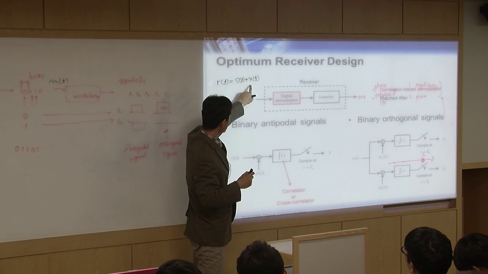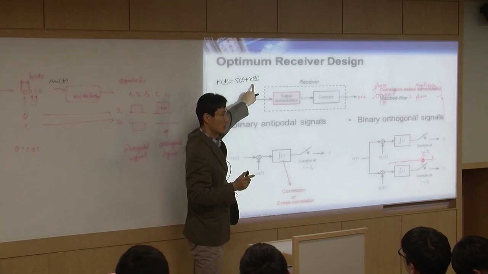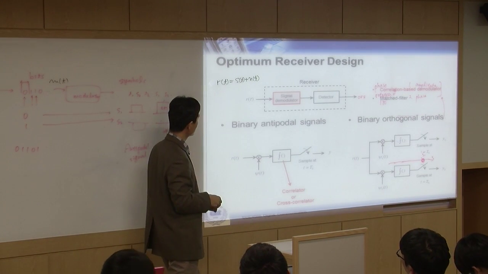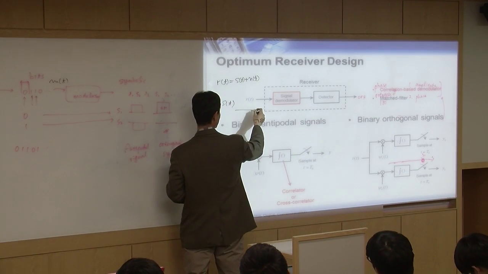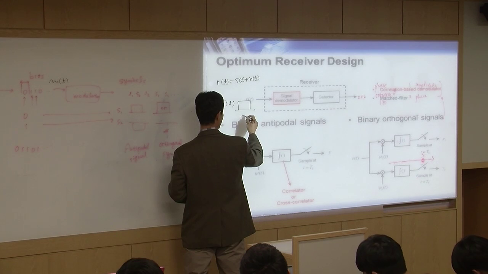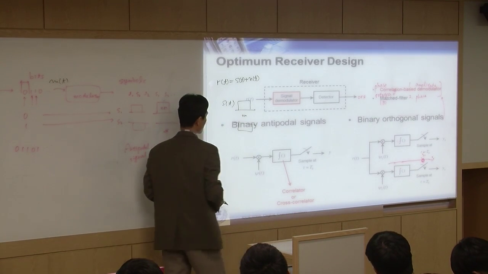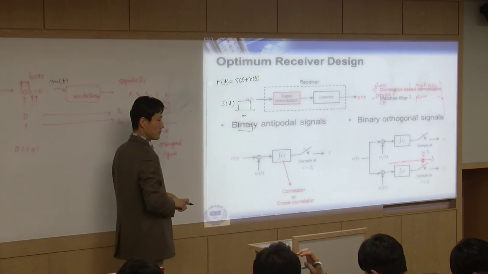Now the problem is we have a noise, NT. So what does RT look like? ST, again, will look like maybe this one or this one. What about RT?